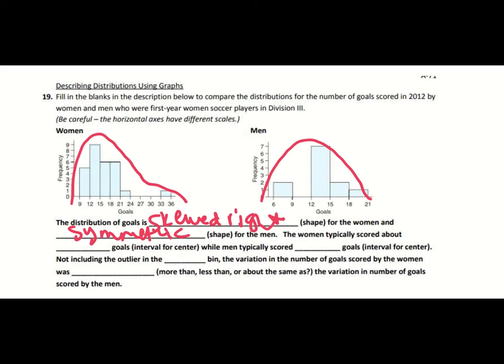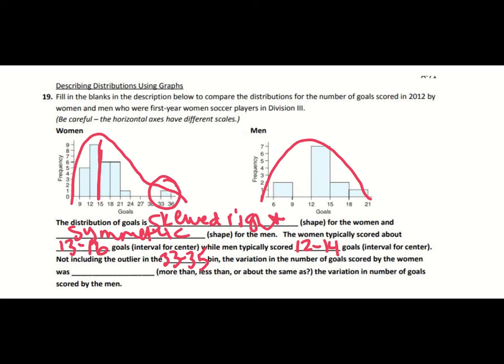The women typically scored about maybe 13 to maybe 16 goals, while the men scored about 12 to 14 goals, not including an outlier, so there's an outlier here in the 33 to 35 bin.